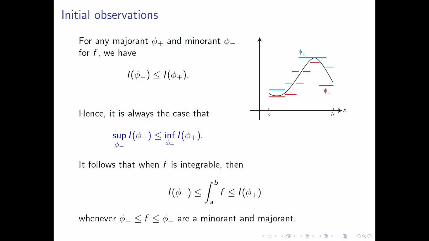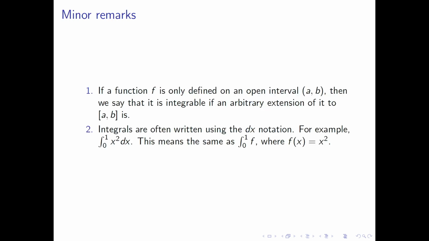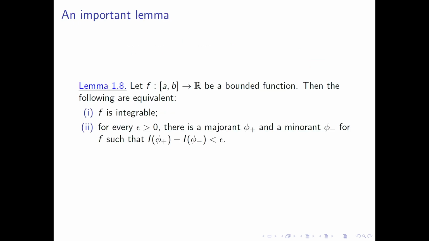It's a key definition, and I proved this lemma. So at first sight, I feel like the definition is a natural one, but you can legitimately ask the question, how would I ever check that a function is integrable? And this lemma is really the most common way of doing that.